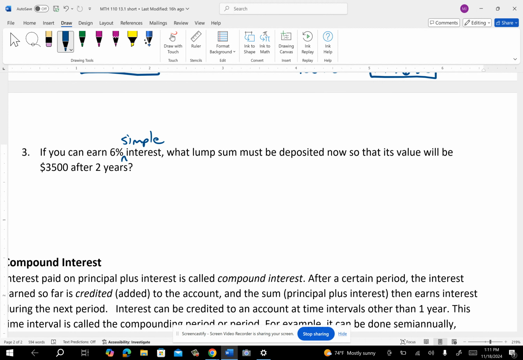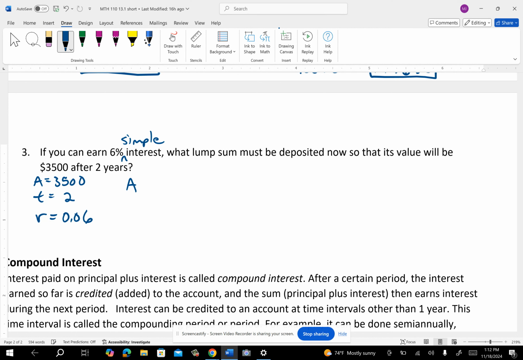All right, the tricky thing here is that you're being given the future value. $3,500 is what you're going to wind up having in the future. So A is actually the $3,500. Now the T is 2. The R is 0.06. It's a little harder to calculate, especially if you haven't had an algebra class recently, but I know you can handle it.